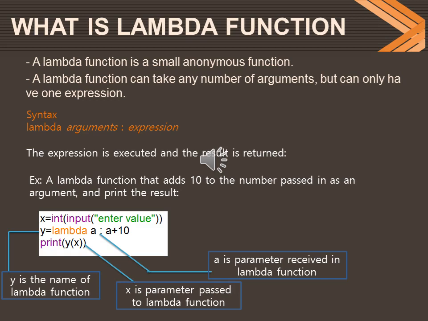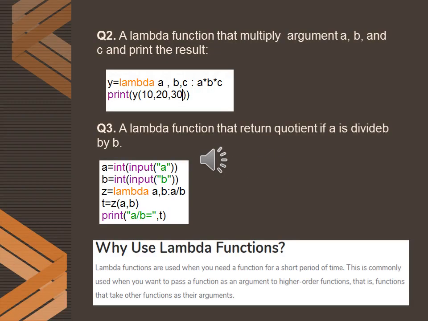So let us take another example. In the last slide we have seen how to create a lambda function using the keyword lambda. Here we are going to create another lambda function that will multiply arguments a, b and c, and it will print the result. So here we can see that y is again the function which is returned by the lambda function, lambda keyword, and it is taking three arguments a, b and c, and the arguments are multiplied.